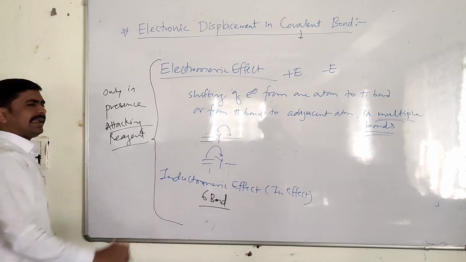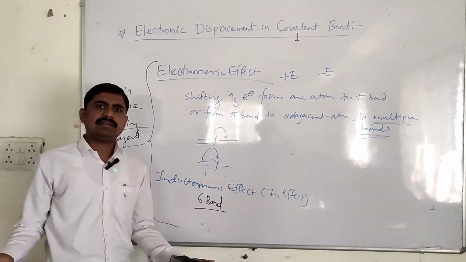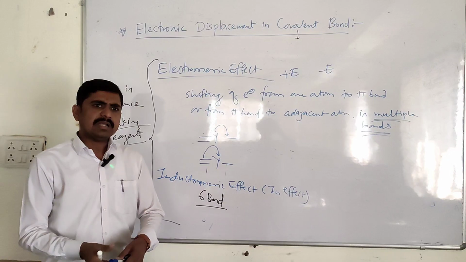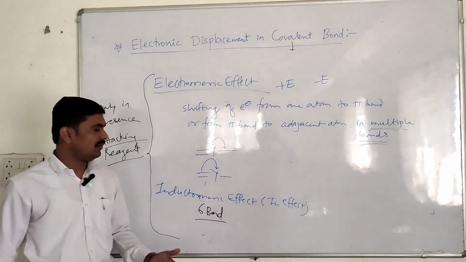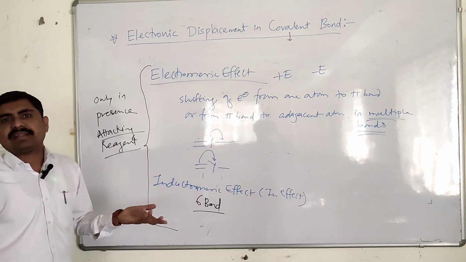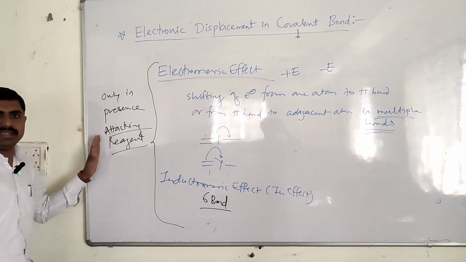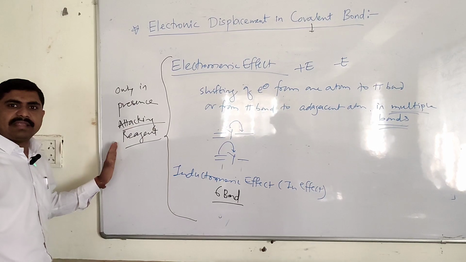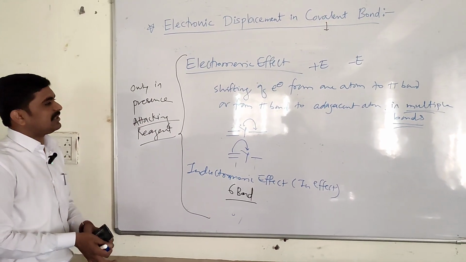When we remove the attacking agent, there is no effect at all, or we can say there is a removal of the effect. So the compulsory condition is that the reagent must be present. Under the influence of an attacking reagent only, this effect is possible.